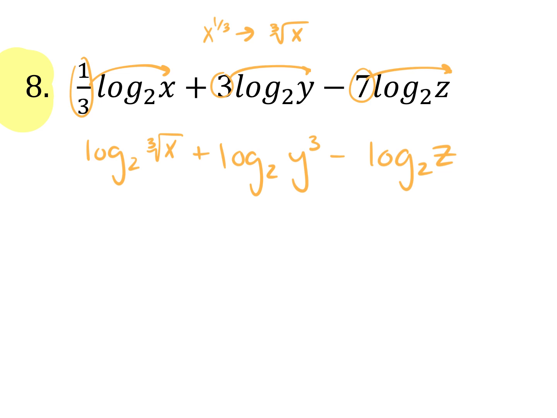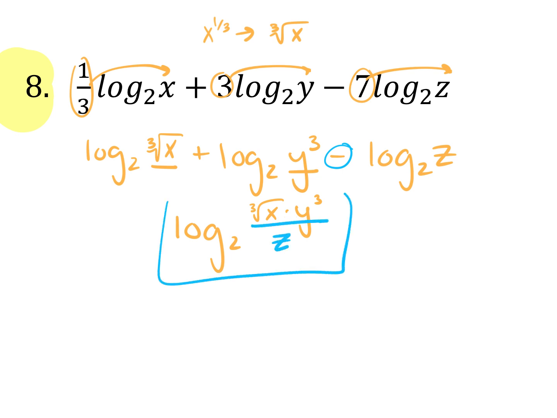Now what goes with addition? Multiplication. So I'm going to multiply these two together. So we've got log base 2 of the cubed root of x times y cubed. And then what goes with subtraction? Division. So divided by z. So we talked about this in the notes a little bit.